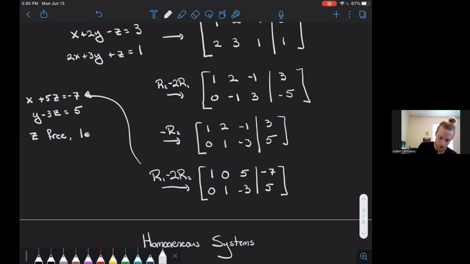So let t equal z. In that case, solutions will be of the form x, y, z equals, z is just t, x, I guess maybe I should start with x. x is really negative 7 minus 5z, but z is t. So this is just negative 7 minus 5t.